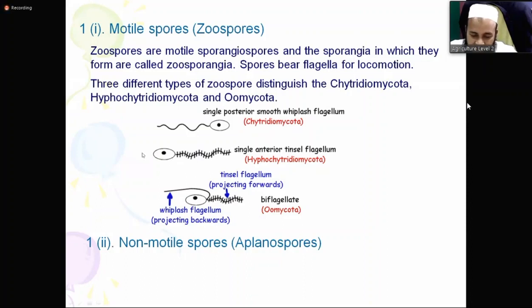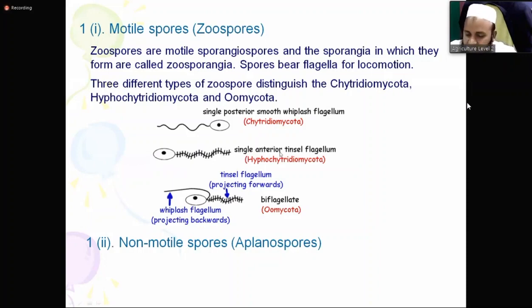Here you can see there is a flagellum, but it is not posterior, not backside; it is projected in the front side. If the spore moves in this direction, I believe you understand. So this is a single anterior flagellum.